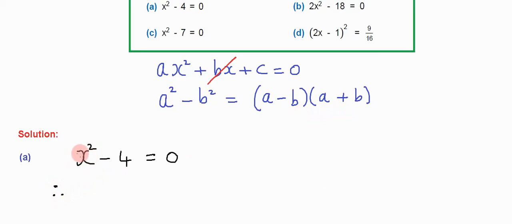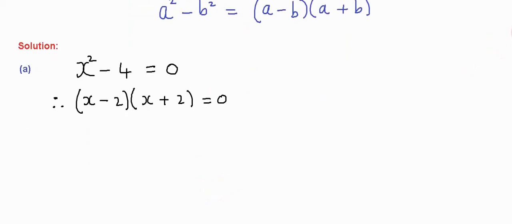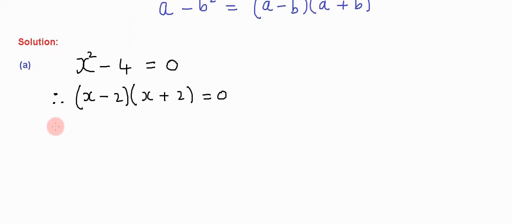So then the square root of the first term is x. Then minus the square root of the second term is 2. So (x - 2) in brackets, and then times (x + 2). And this must be 0. Now we can use the zero product rule. So the first set of brackets, or the contents of the first set of brackets, must be 0.